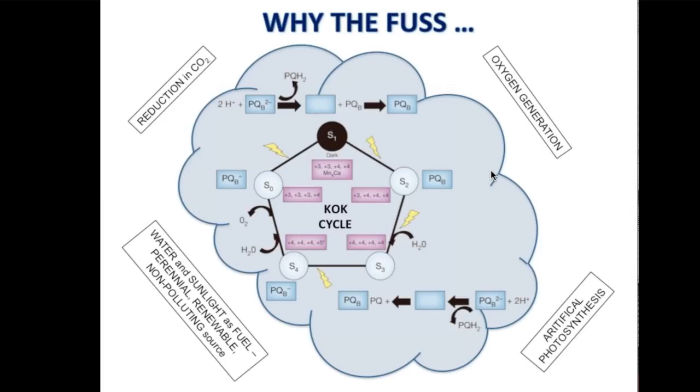And that is important because whether it's natural or artificial, the two important byproducts of such a process are that, one, you generate oxygen, and we all know why it's important. And the other is it consumes carbon dioxide, which is great again because you're reducing the amount of greenhouse gases that are afloat.